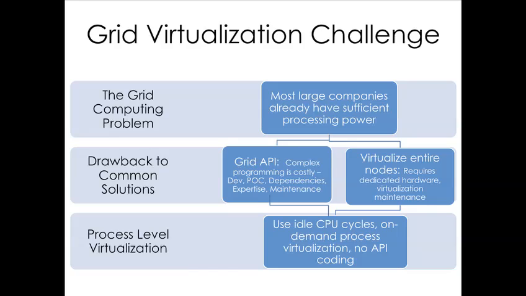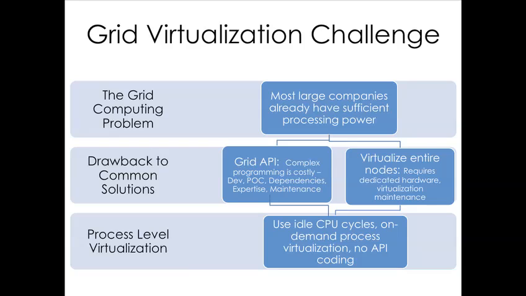There are many surveys that show that most large companies already have enough processing power in their existing hardware to achieve all the processing needs they require from their applications, if you're talking about financial, CAD, CAM, and other intensive calculation processes.